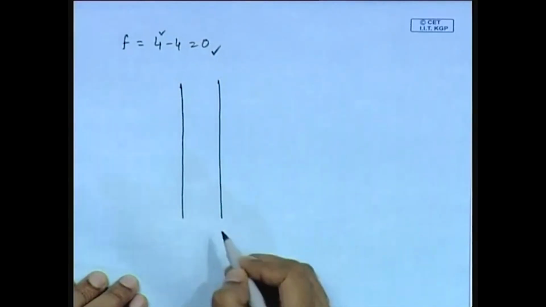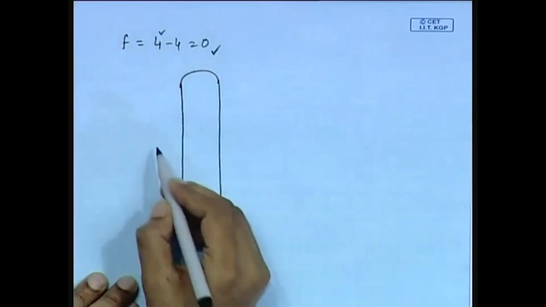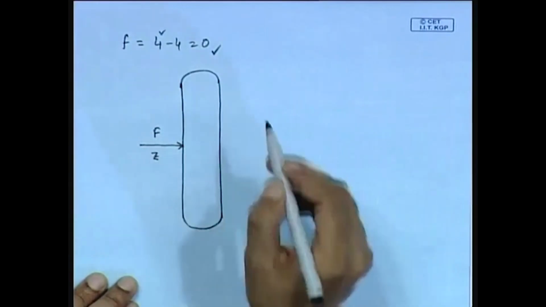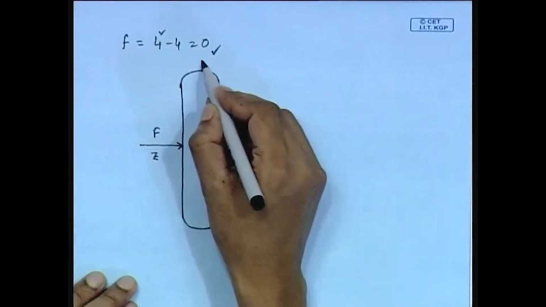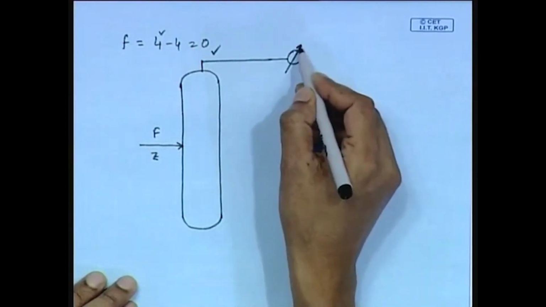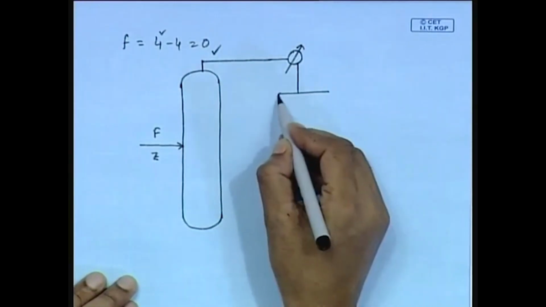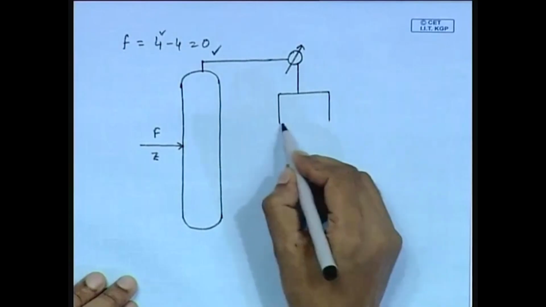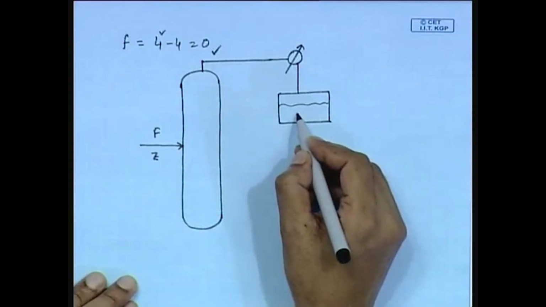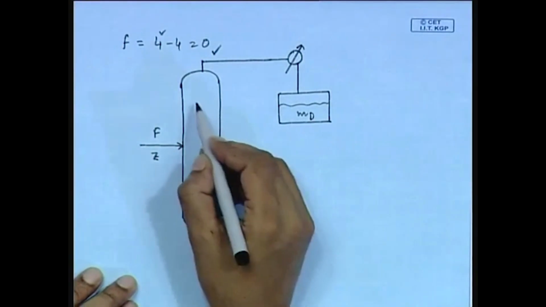This is the distillation tower, feed flow rate with composition. One condenser is installed at the top. This is the reflux drum. Liquid is accumulated here. The hold up is MD.